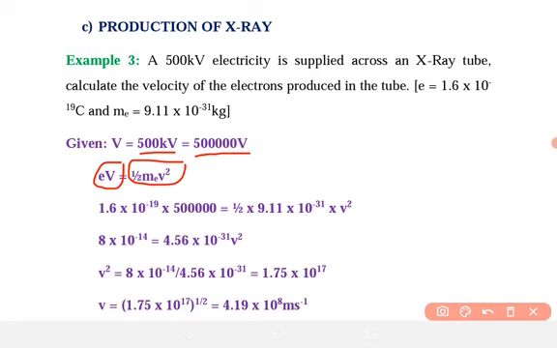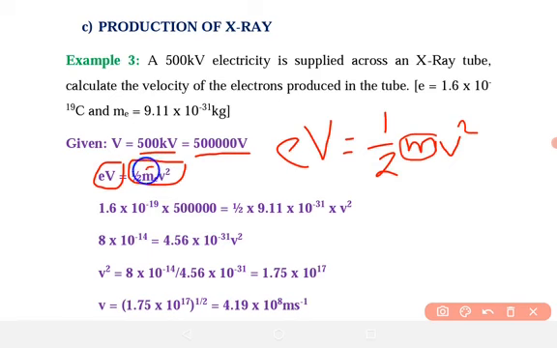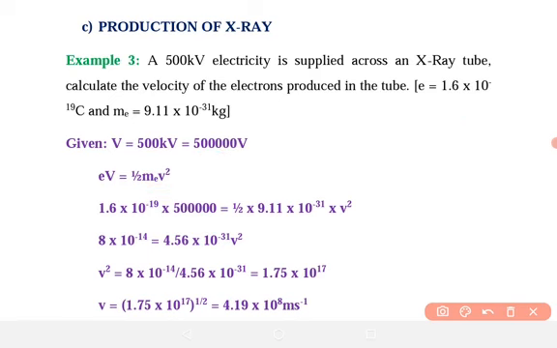That is why we are equating them, that is, eV equals half mv squared. Remember, kinetic energy is given by half mv squared, and in this case the m will be the mass of the electron. That is why we use m subscript e in this formula. So it's the mass of the electron.